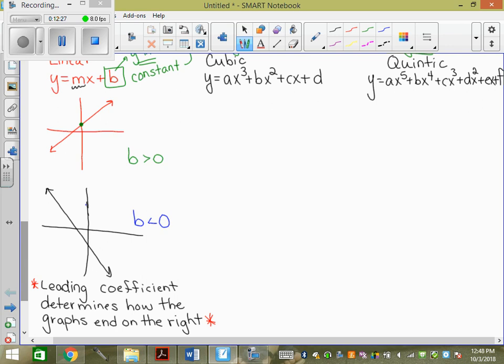Could I have labeled it ax plus b? Yes. Could I have labeled it smiley face x plus b? Sure. It's just whatever's in front of my leading degree. So this one's x to the first is my largest one, right? So this graph ends up on the right, so my m is greater than 0. My leading coefficient is greater than 0.